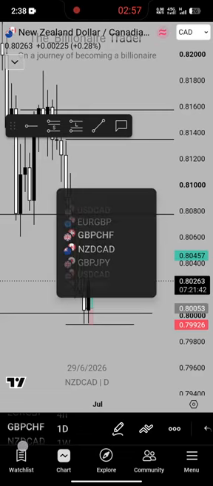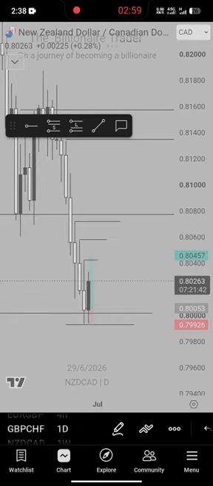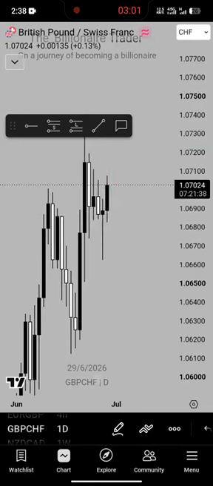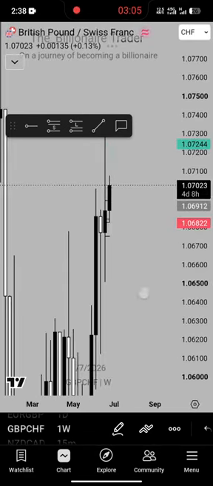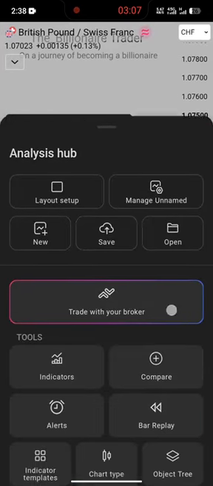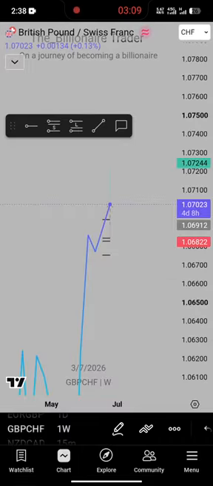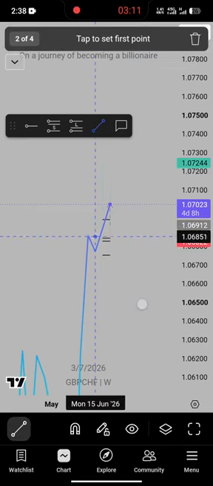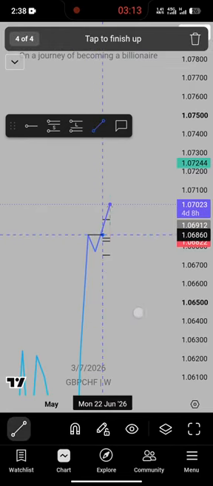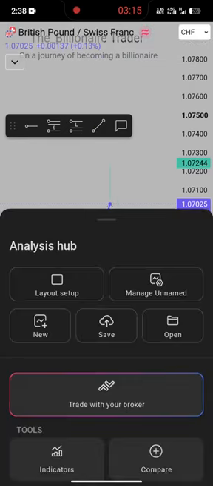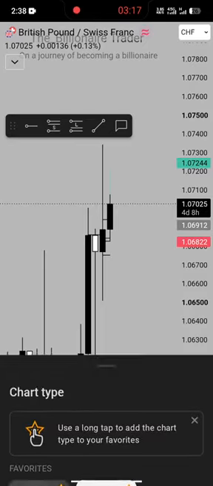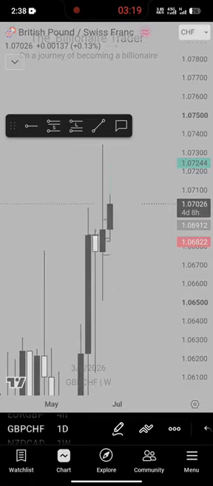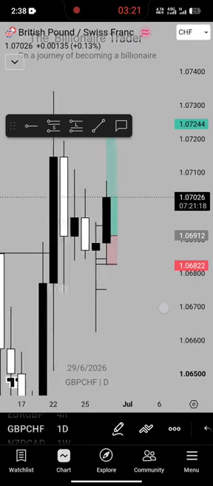So let's check GBP. For GBP last week, I said that we have weekly breakouts. Last week, we had these breakouts on the weekly showing us that we are bullish, and on the daily time frame, we have a daily CLT here.